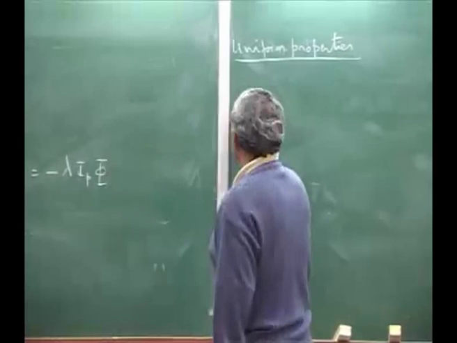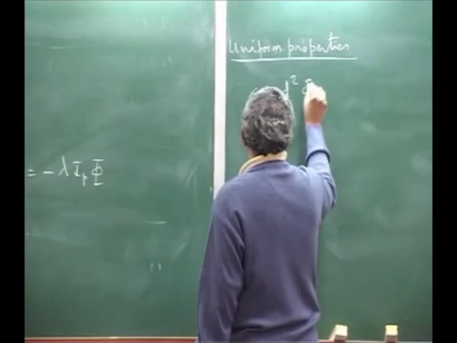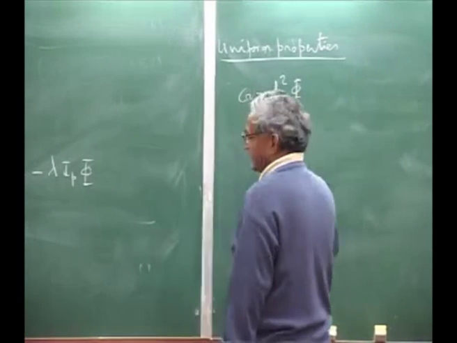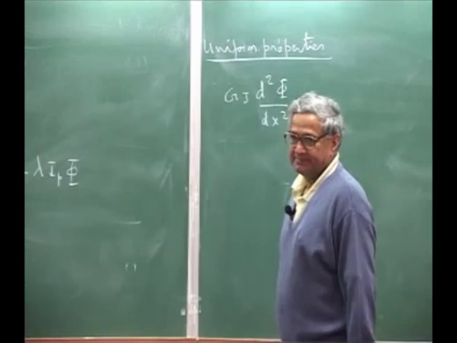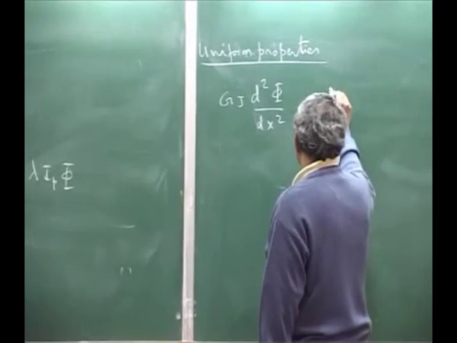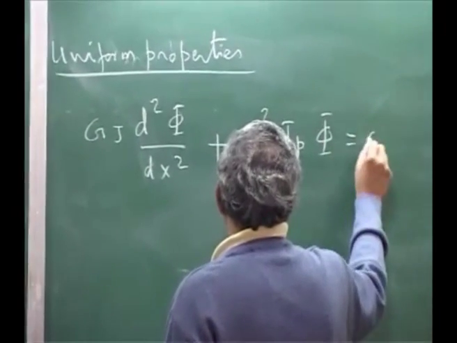Then my equation will become GJ d²φ/dx² plus ω² Ip φ equals 0.